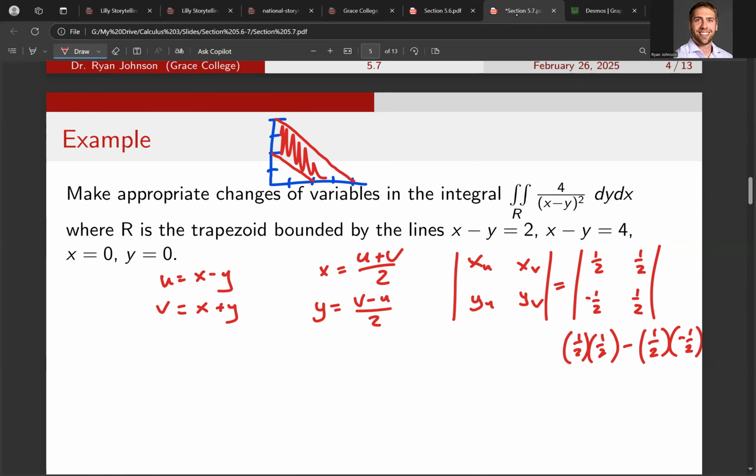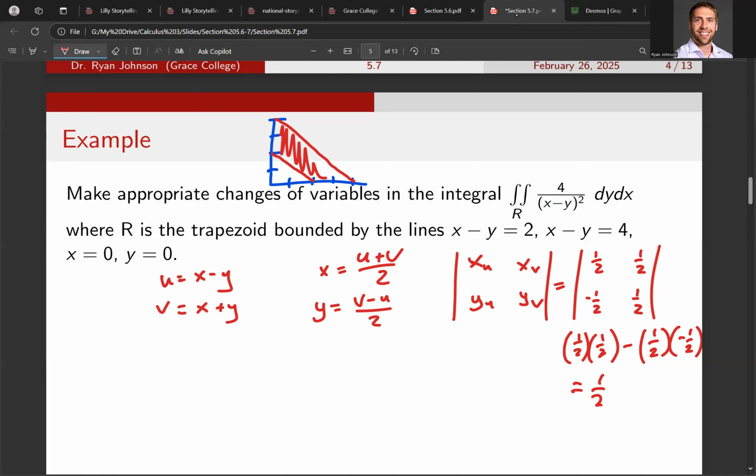So we get 1/4 plus 1/4 is equal to 1/2. Okay? And so to do this integral, if we switch to u's and v's, then I get an extra 1/2.